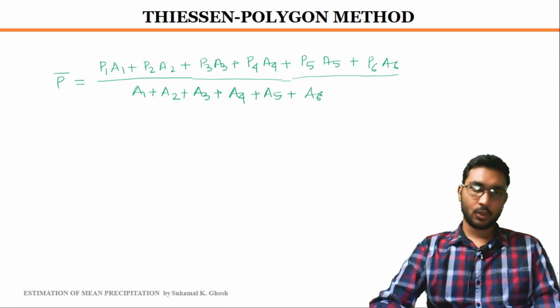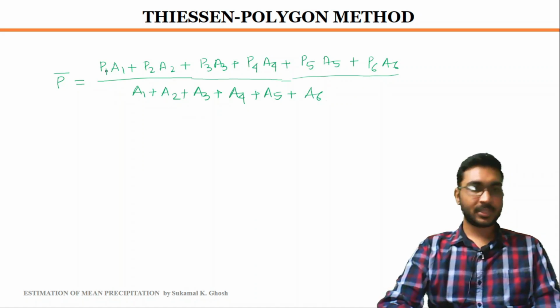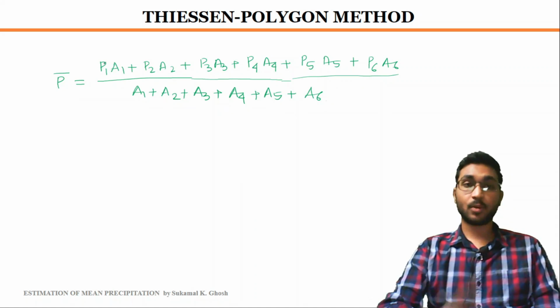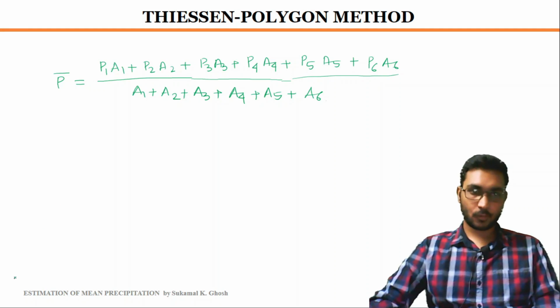So P1 is the precipitation or rainfall for rain gauge station number 1. Let's check what our P1 is.